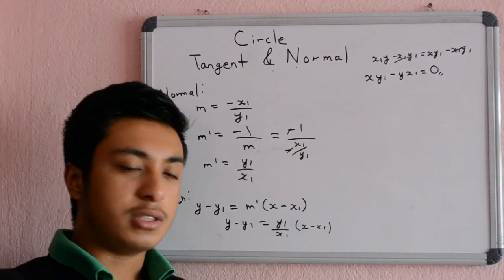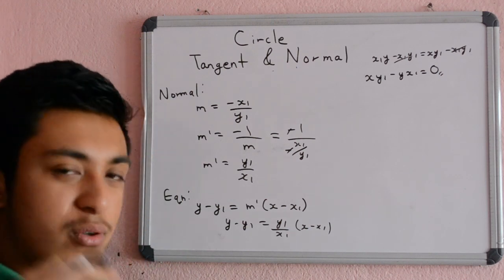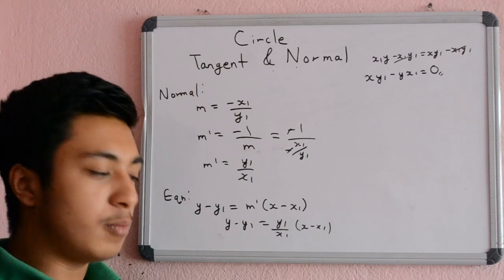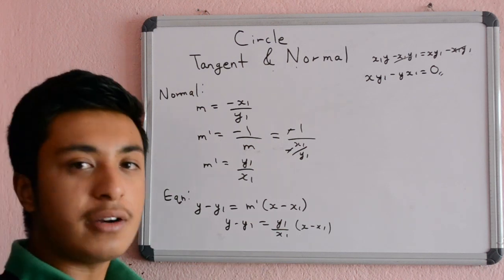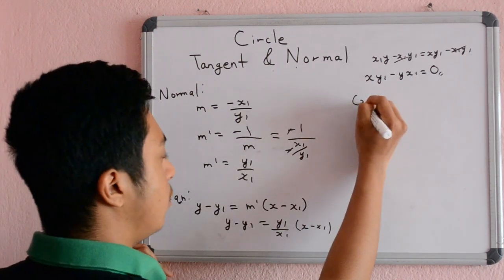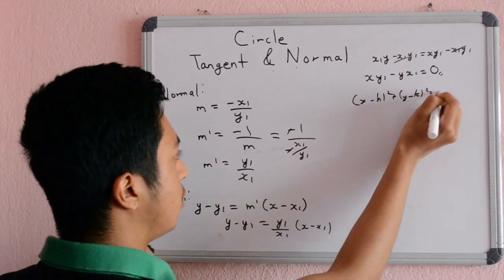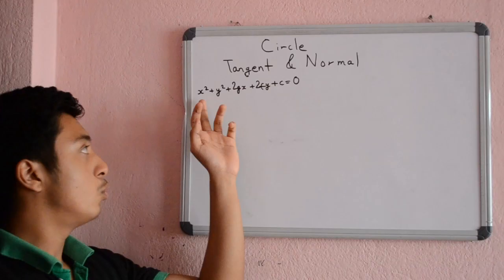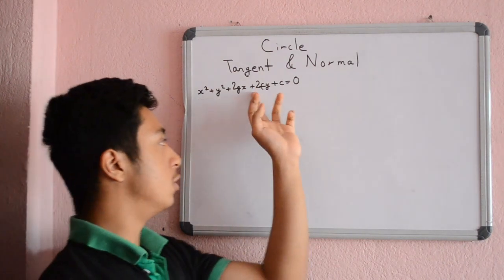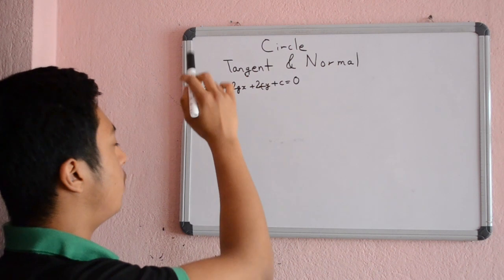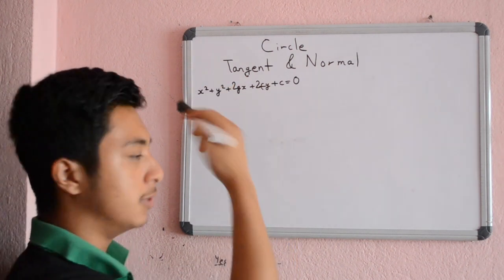Now we're still not done, because if you see the equation of circle, you'll see that it kind of has two formulas. One is the center and radius formula, which is x minus h whole square plus y minus k whole square is equal to r square. Or in our case, we have another formula for the circle, which is the general formula, x square plus y square plus 2gx plus 2fy plus c equals to 0.